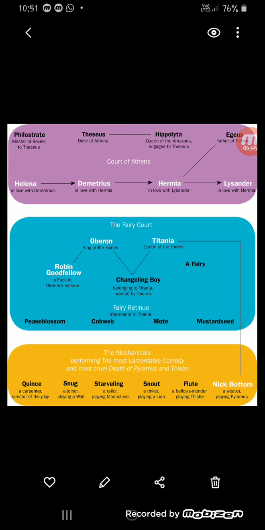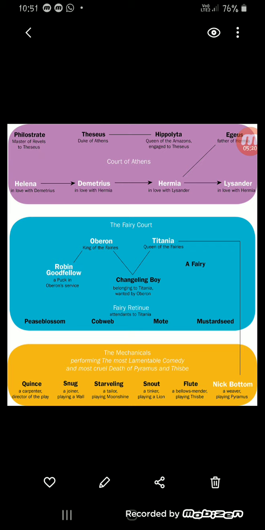Now this pair has many issues. Helena loves Demetrius, but he does not love her back. Both these lovers have one-sided love, not for each other, but for other people. Helena loves Demetrius, but Demetrius loves Hermia. So this third pair is also having a lot of issues, and let us see what happens to them.